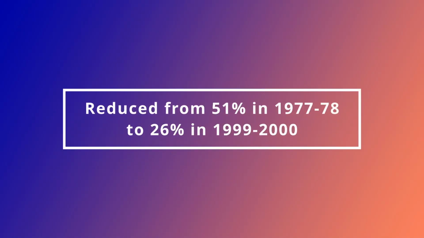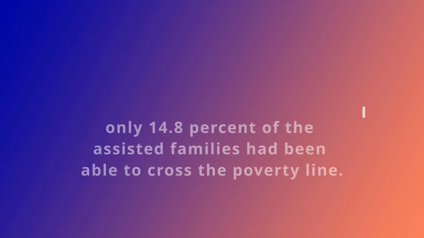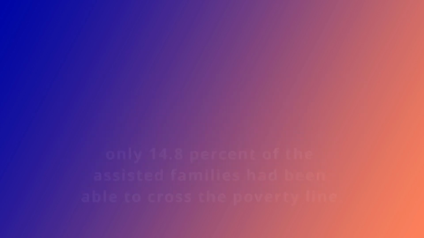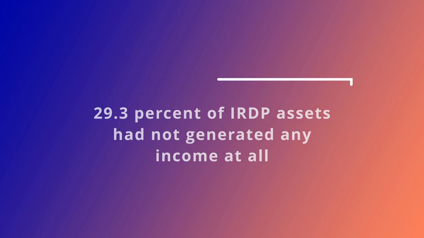If we try to review those policies, we will find the percentage of BPL families came down to 26% in 2000, but under the Integrated Rural Development Program, only 4.8% of the assisted families could bring themselves above the poverty line, and 29.3% of the IRDP assisted assets cannot generate any income.